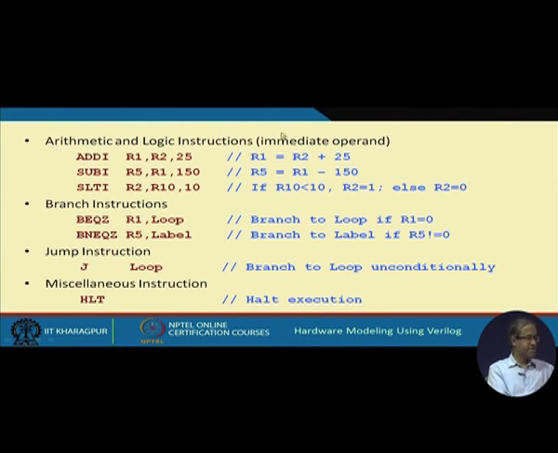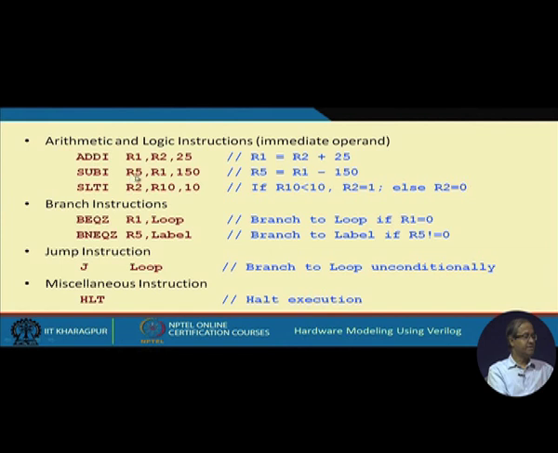Then there are some arithmetic and logic instructions where an offset or an immediate operand is given. You have a version of the add and subtract instructions, which we call add immediate and subtract immediate. How do you use it? Add immediate R1, R2, 25: the last parameter is a number. This means you add the contents of R2 with 25, and the result is stored in R1.